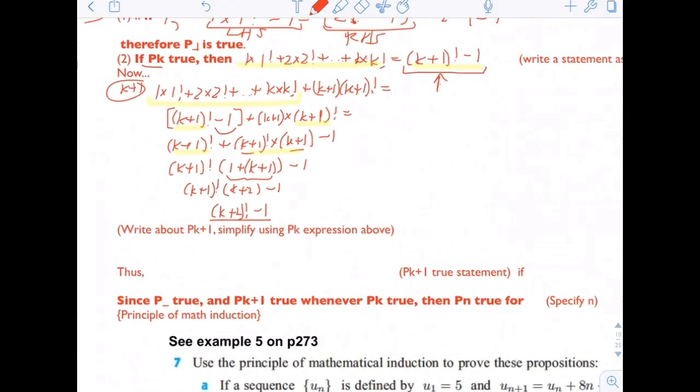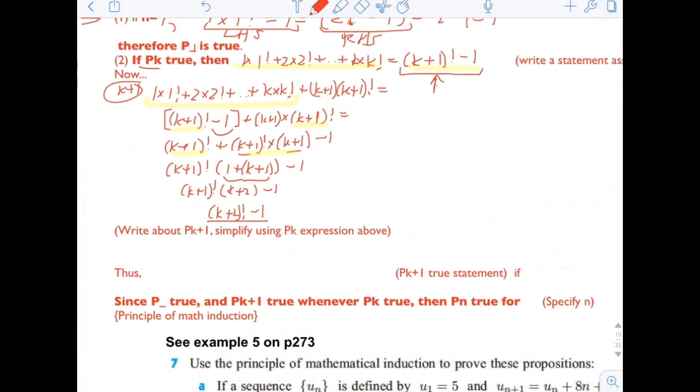So now let's go down to the thus part, and we'll say, we do know that 1 times 1 factorial plus 2 times 2 factorial plus ... k plus 1 times k plus 1 factorial equals, and on the right side we put what we found, which is k plus 2 factorial minus 1.